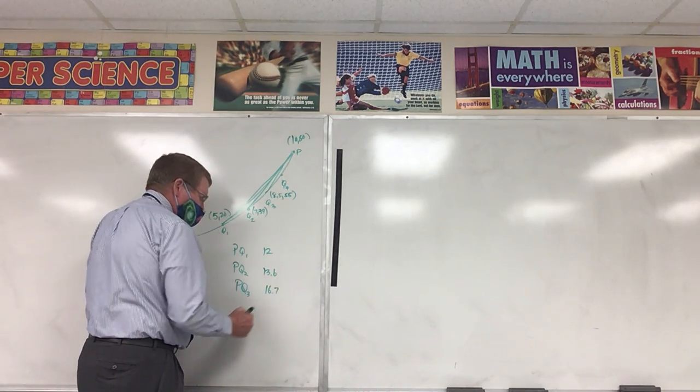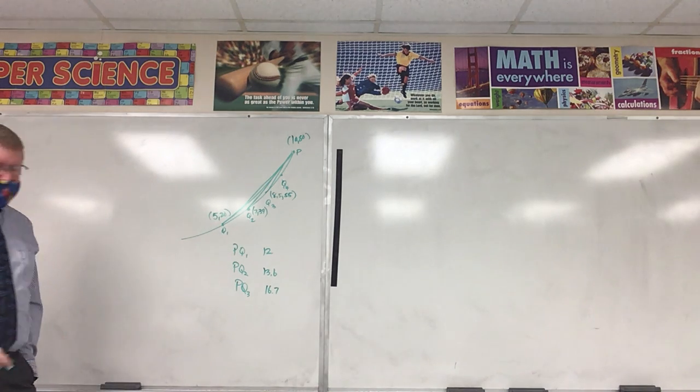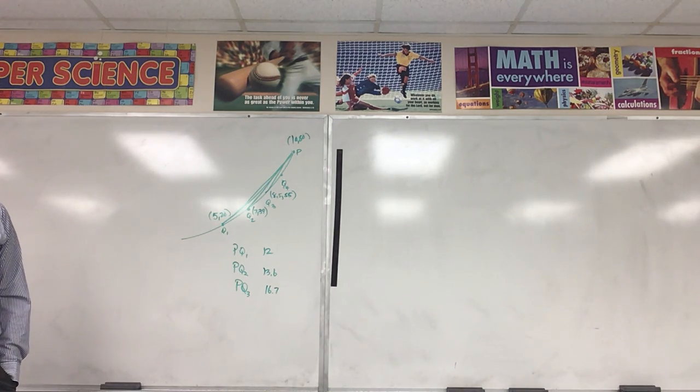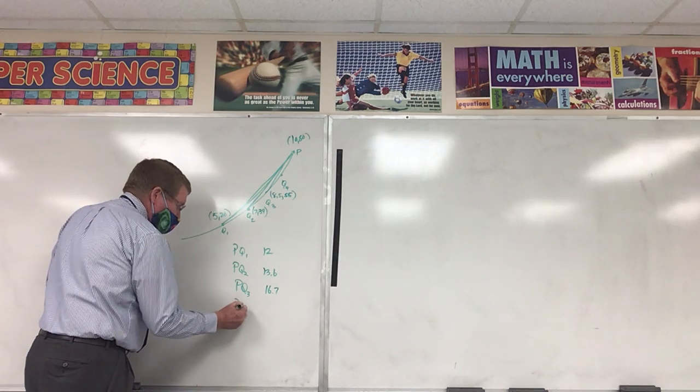It seems a little high, but 25 divided by 1.5 is 16.6666. Okay.